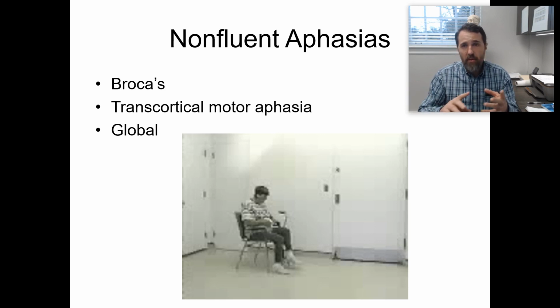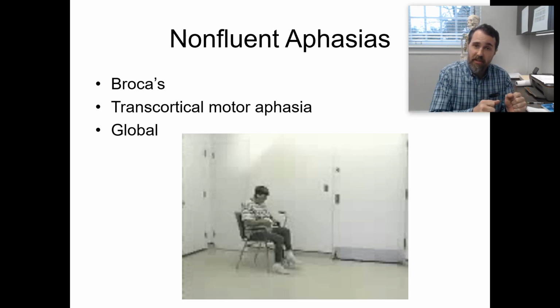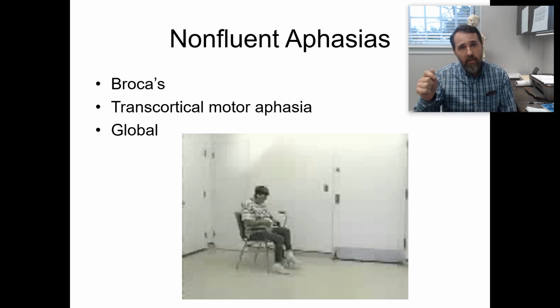So non-fluent aphasia, because these individuals are very non-fluent. They have expressive language deficits, but we also refer to them as expressive aphasias because of the expressive deficits. Fluent aphasias, we use that term because these individuals with aphasia are very fluent in their verbal output.